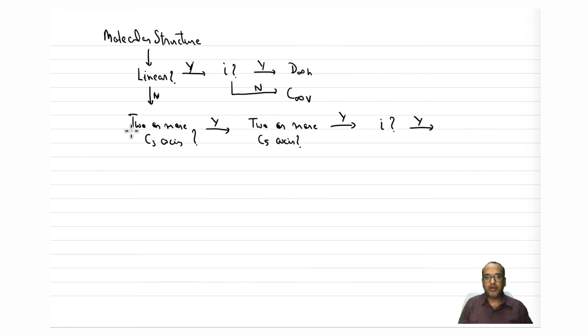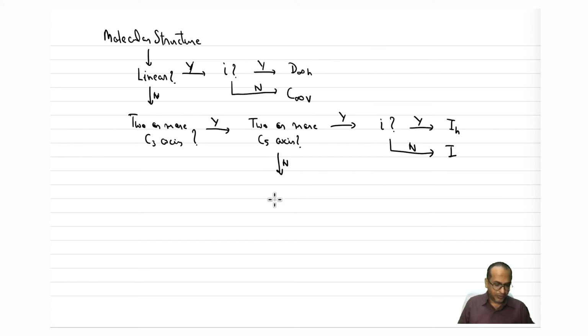I understand that it is becoming very messy, but as you practice it, I think it will become very clear. Then you assign it as IH. If it is a no, you assign it as the subset I.